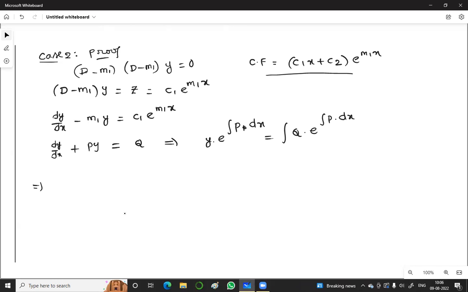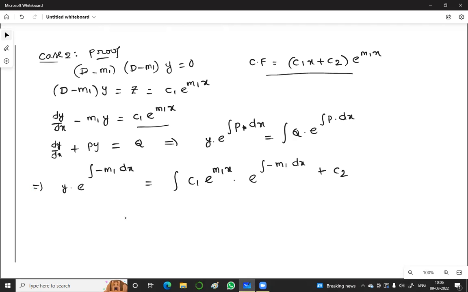From this, I directly write y into e to the power integration of minus m1 dx is equal to integration of q, where q is C1 into e to the power m1x, into e to the power minus m1x dx plus some constant C2.